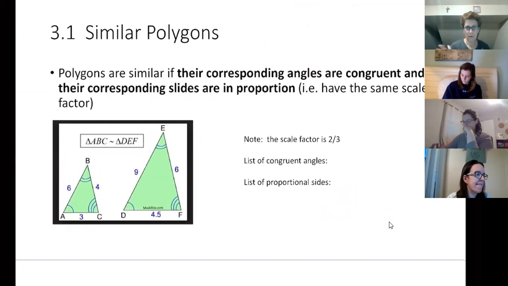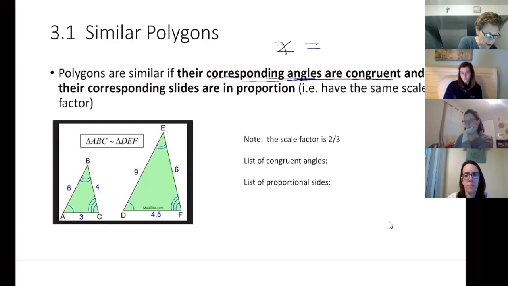So here is the first similar polygon that I'm going to put up. By definition, polygons are similar if their corresponding angles are congruent, so the angles have to be congruent, and the corresponding sides are in proportion. They don't have to be congruent, they have to be in the same proportion.